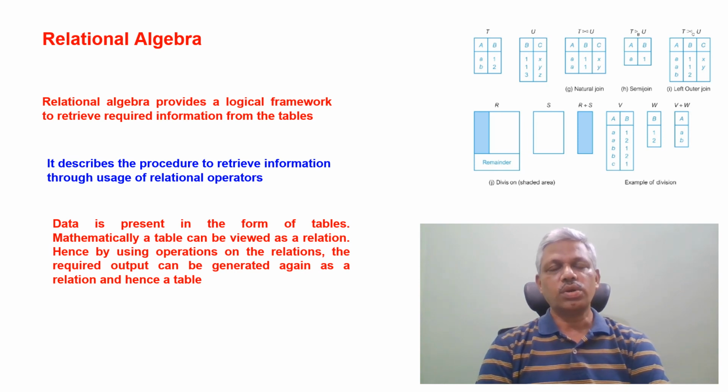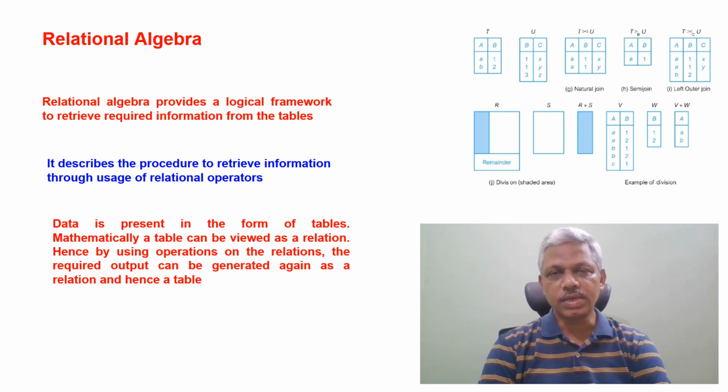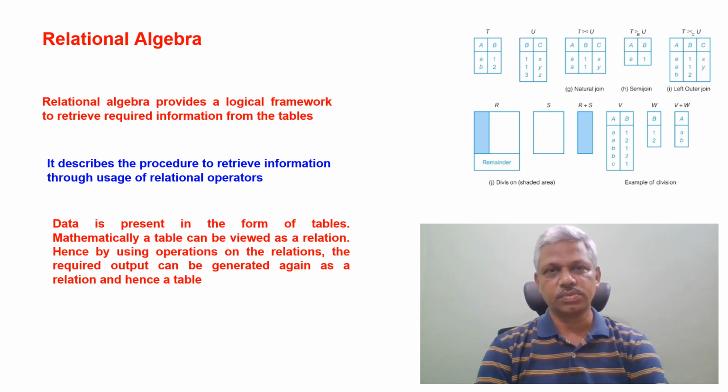Once data is stored in the form of tables, which are treated as relations as per mathematical modeling, given a query, our requirement is to produce an answer to the query. So, once a query is posed, first we need to identify the tables in which the relevant data is present, and the next step is to chalk out a plan how to derive the answer or the required data from the tables.